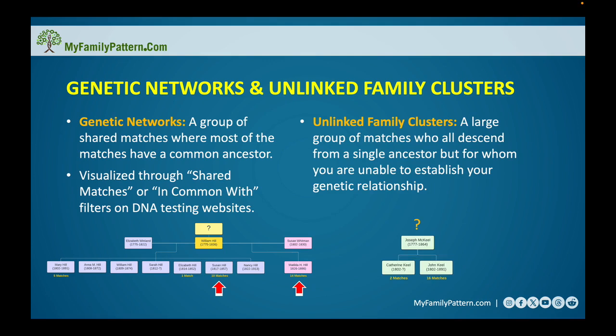There was a total of 18 matches descending from a Joseph McKeel through 2 of his children that subsequently changed their name from McKeel to just Keel. And I was able to group those 18 under Joseph. And I found several other unlinked family clusters within it that I'll introduce a little bit later. But that's an example of an unlinked family cluster because I don't know how Joseph McKeel fits in to my family tree.